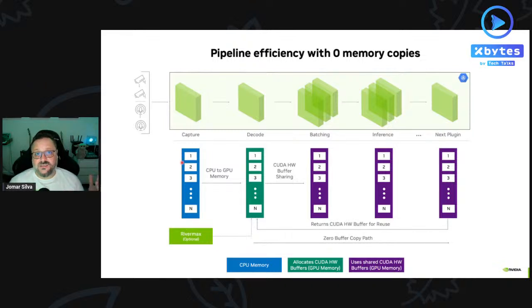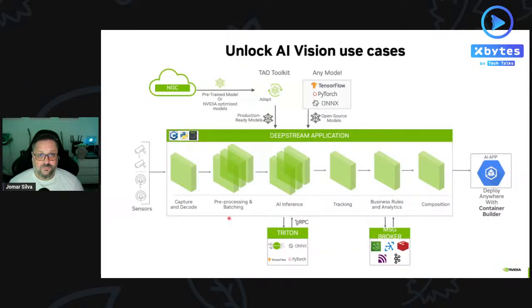And this is the fastest way of processing this kind of workload. We also have the opportunity to get data right from the camera buffer using an NVIDIA networking technology called Rivermax, where I can put an industrial camera and extract the raw stream from this camera directly to the GPU memory, increasing even more the performance of my solution.